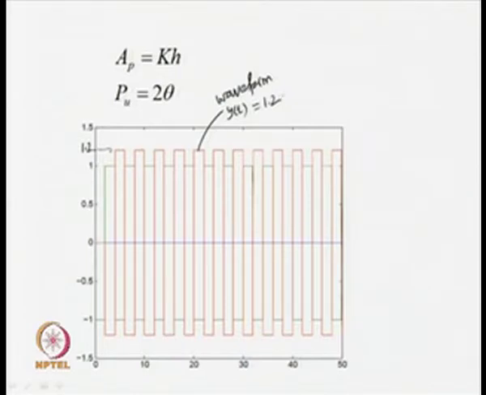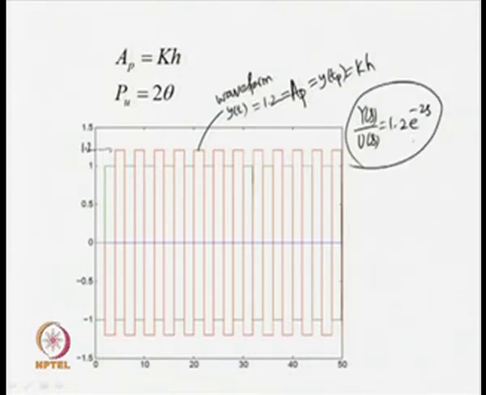This can be translated in the form of the peak value A_p, and y(t_p), the time at which the peak appears, in the form of k and h. For this typical case, what is the system? The system Y(s)/U(s) is equal to 1.2 e to the power minus 2s. For this gain with delay system, the form is k e to the power minus theta s. So, A_p invariably is found to be of the form A_p equal to k h.